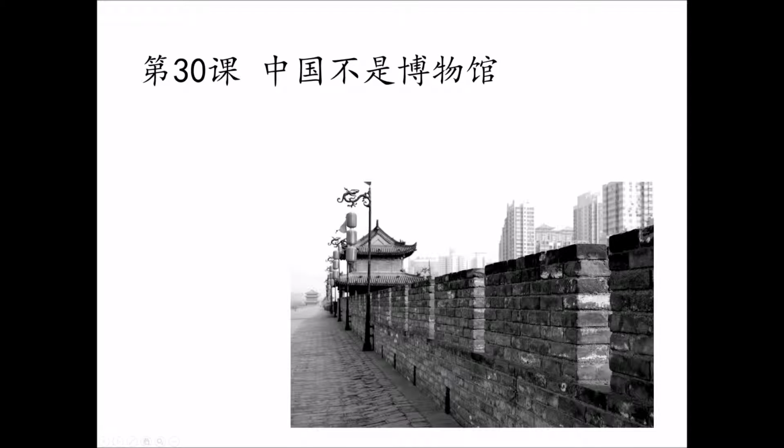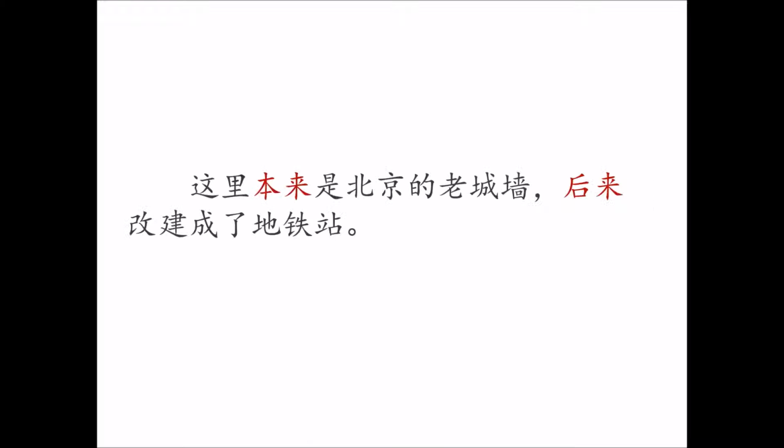大家好，今天我们来学第30课，中国不是博物馆。我们来看一些语法。这里本来是北京的老城墙，后来改建成了地铁站。本来 means originally. So when this word is used, it is usually implying that something has changed later.